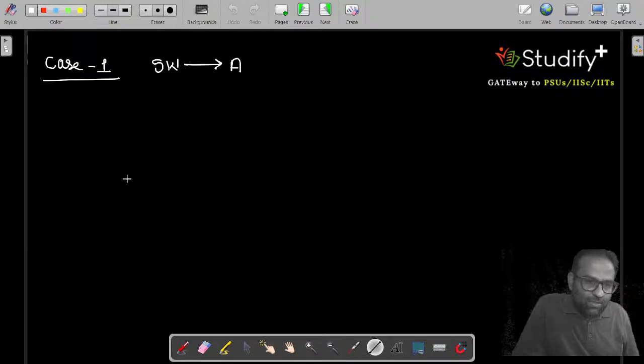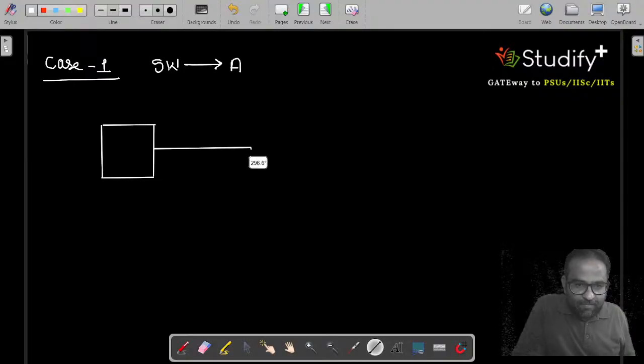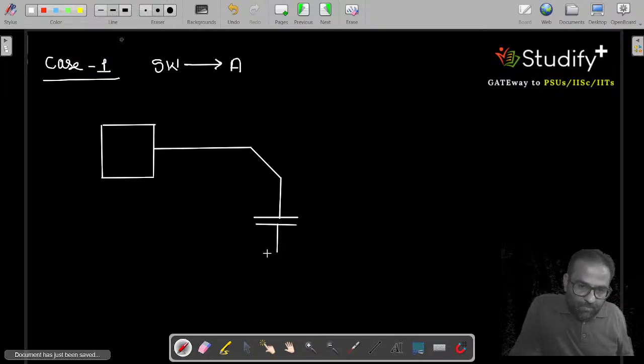If the switch is connected to position number A, this is one of the sources, and the source will charge this capacitor. So can I say this is how my circuit will look?